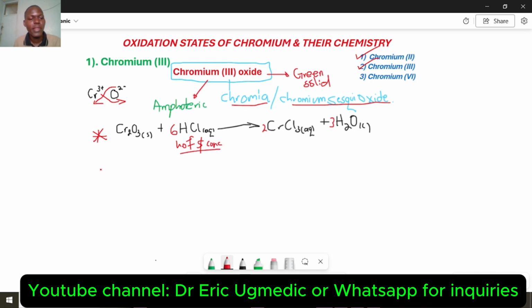And then with alkali, it will react to form a soluble product, which we saw, the chromite. And we saw that the chromite can also be called the tetrahydroxochromate(III), or the hexahydroxochromate(III) ion. So I have the chromium 3 oxide reacting with these hydroxide ions from the sodium hydroxide.